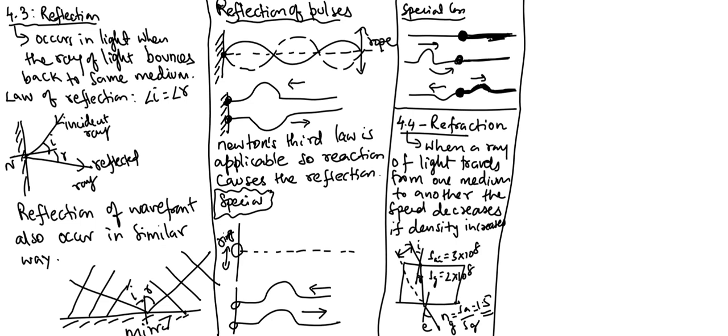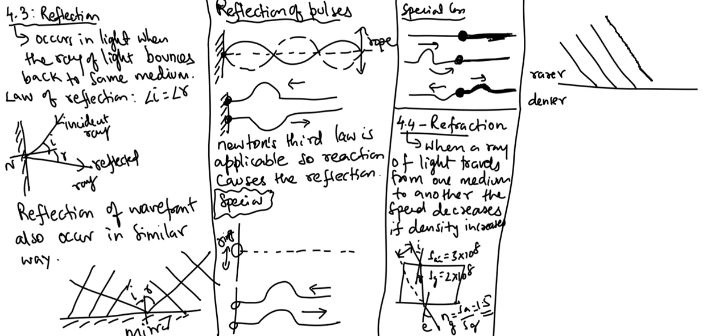Now wavefront behaves a little differently. See, the wavefront basically, if this is the line where the mediums are separated, and let us say this is rarer medium and this is denser medium, okay. Now the wavefronts are arriving, so one, and then let's say another one, and then another one, okay.